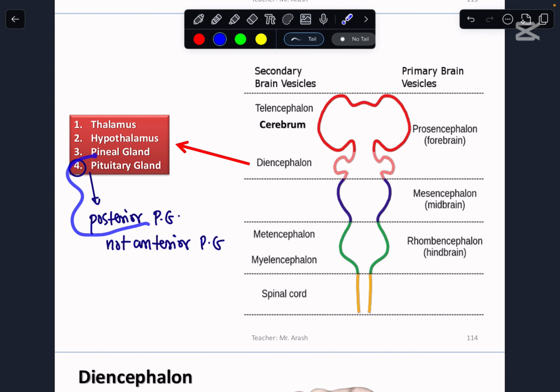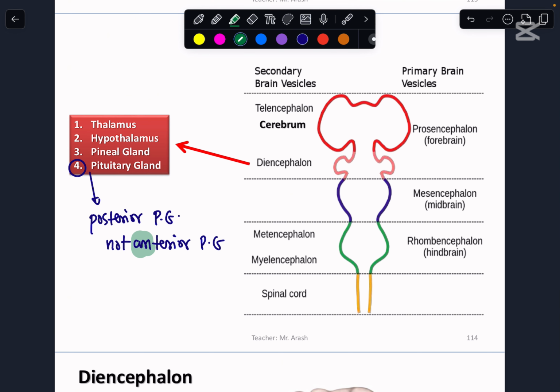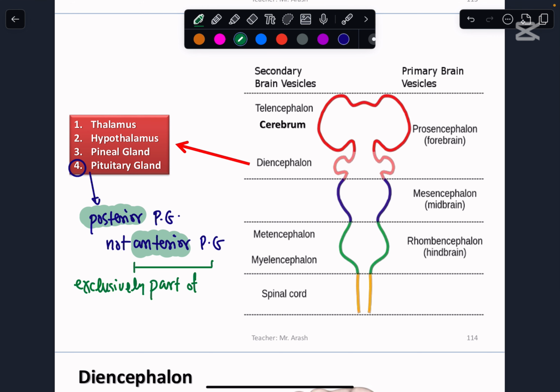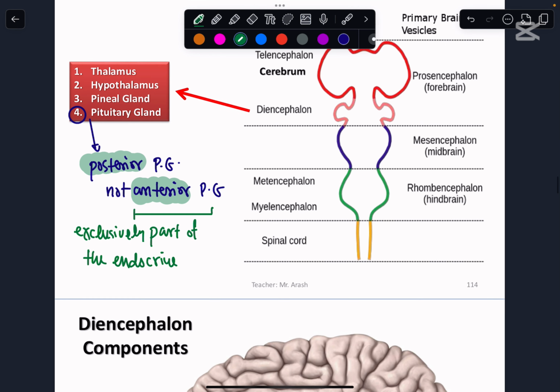The posterior pituitary gland is part of the nervous system, but the anterior pituitary gland is actually exclusively part of the endocrine system.